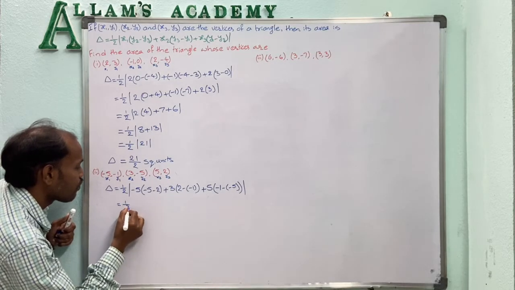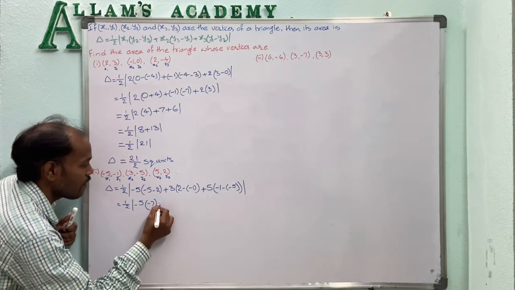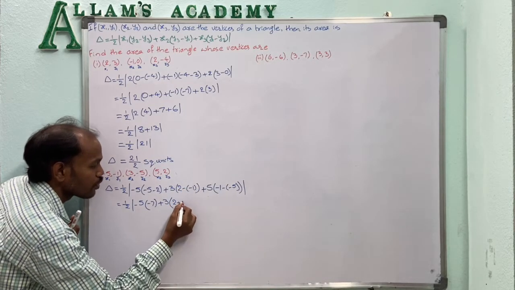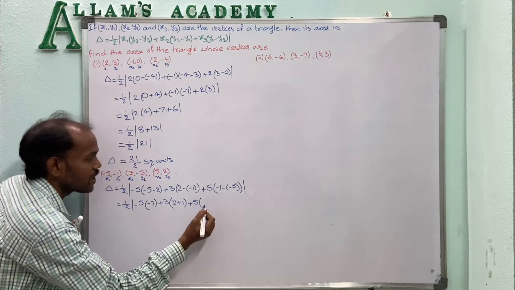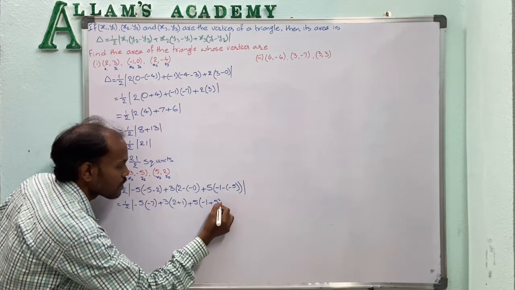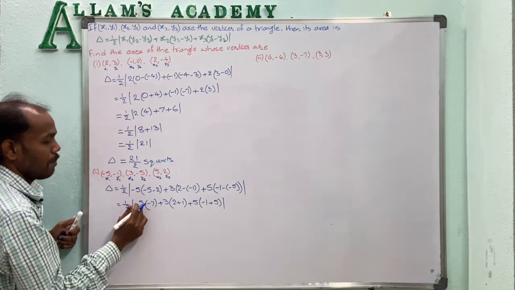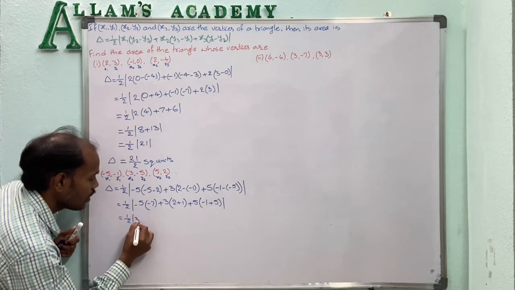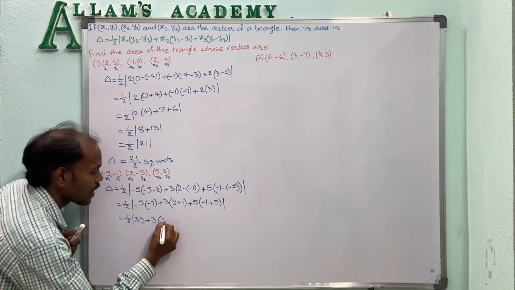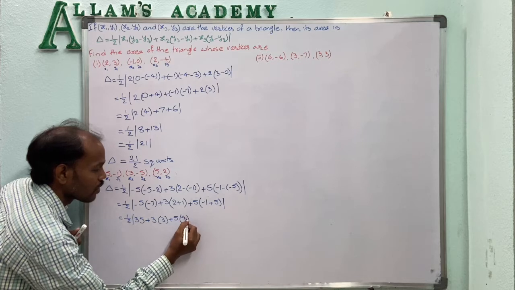That is equal to half mod minus 5 into (minus 5 minus 2), which is minus 7, plus 3 into (2 minus of minus 1), which is 2 plus 1, plus 5 into (minus 1 minus of minus 5), which is minus 1 plus 5. That is equal to half mod minus 5 into minus 7 is 35, plus 2 plus 1 is equal to 3, so 3 into 3, plus 5 into (5 minus 1) that is 4.